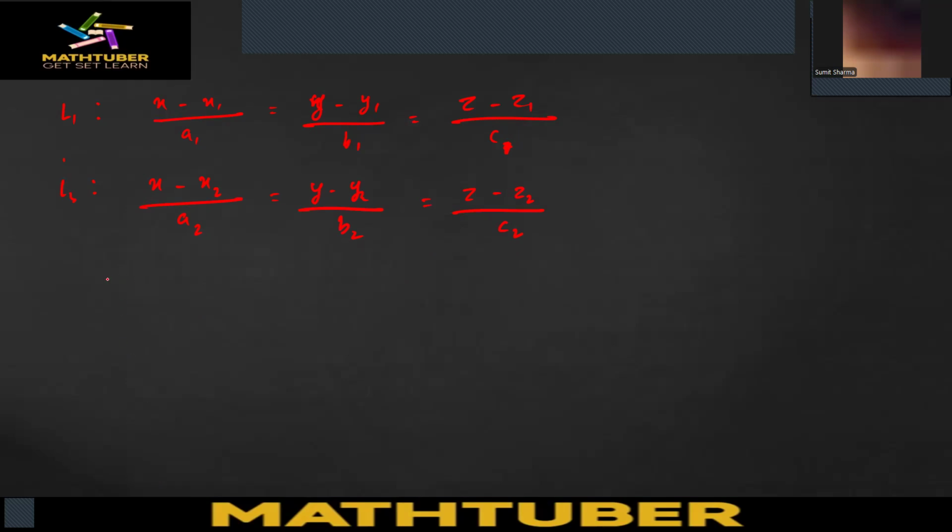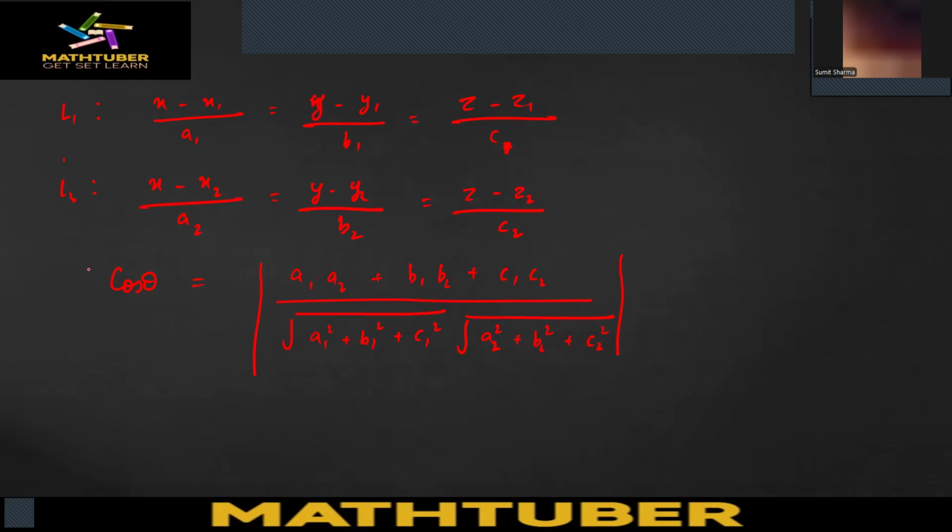In that case, the value of cos theta will be equal to, because it was the dot product of b1 vector and b2 vector, a1 a2 plus b1 b2 plus c1 c2 divided by magnitude of under root of a1 square plus b1 square plus c1 square into under root of a2 square plus b2 square plus c2 square, whole magnitude, right?